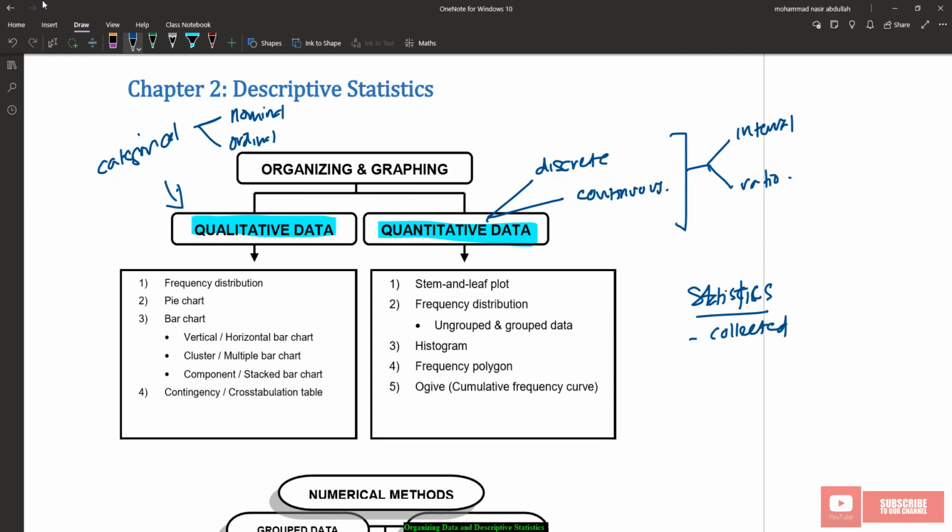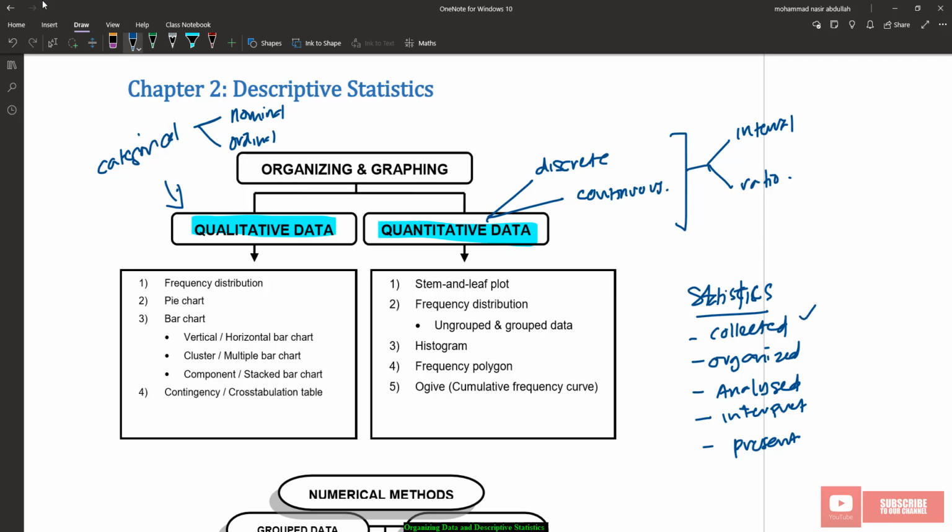Then, after we collect the data, we begin to organize the data. Then after we organize the data, we need to analyze the data and interpret the data. And last, we are going to present the result. So these are the 5 elements in statistics.